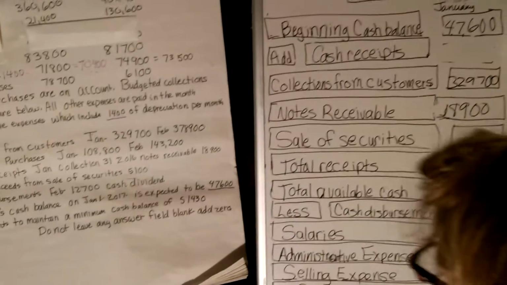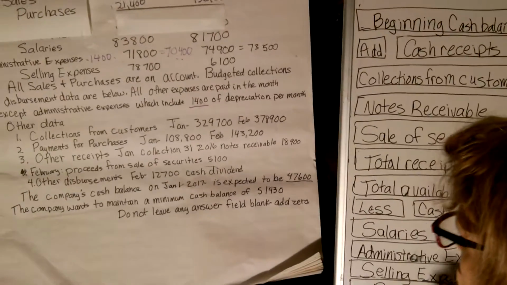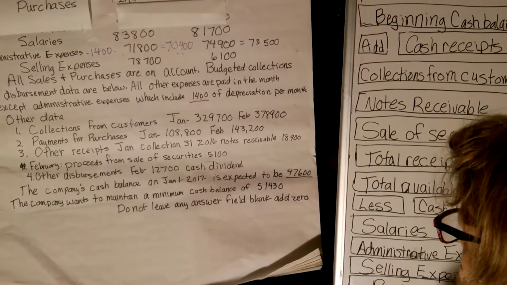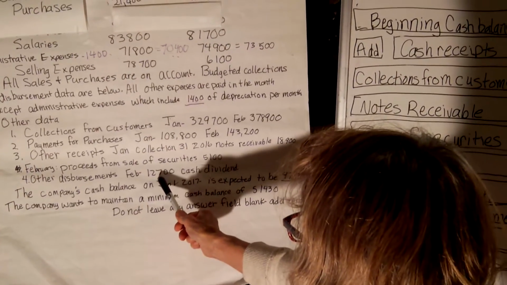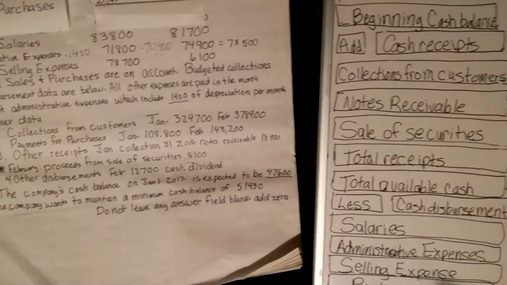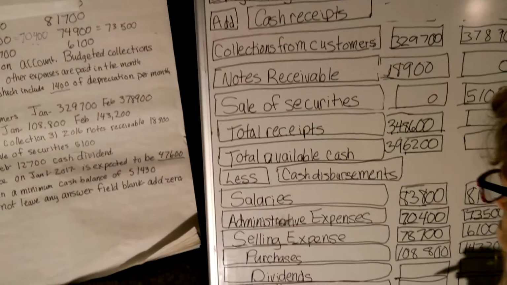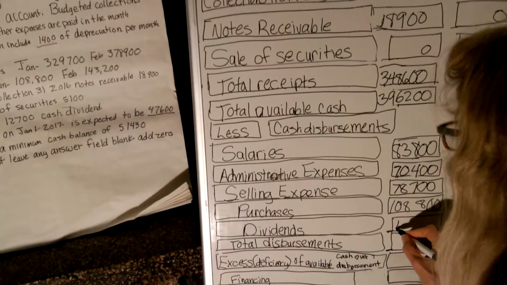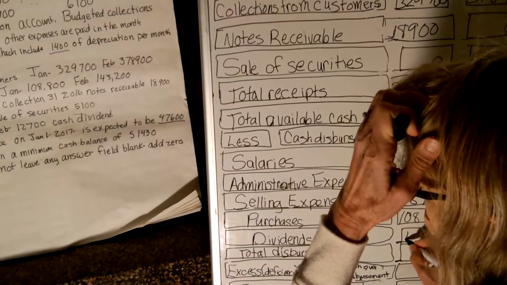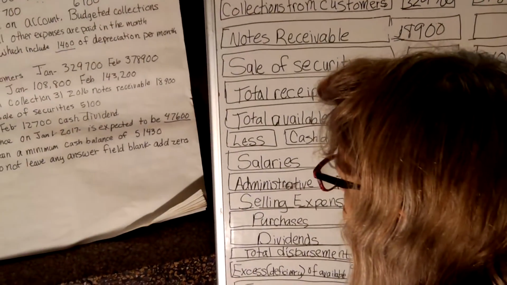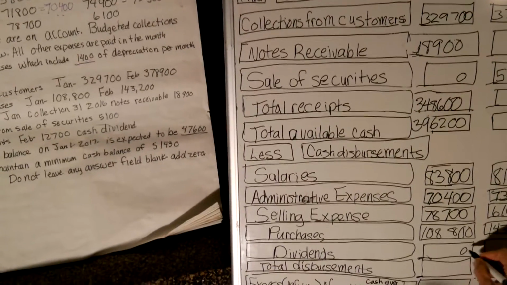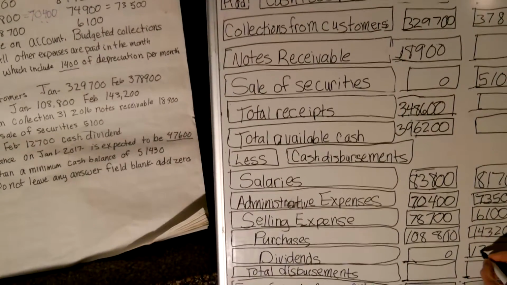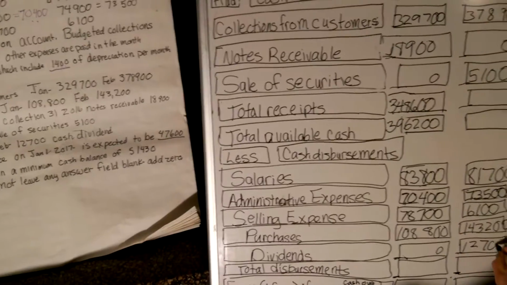Then we come down here and we have a 12,700 cash dividend. In February, there's a 12,700 cash dividend, but there's nothing in January.